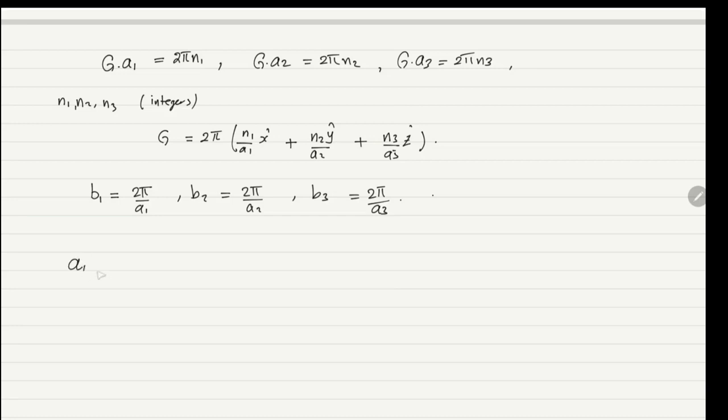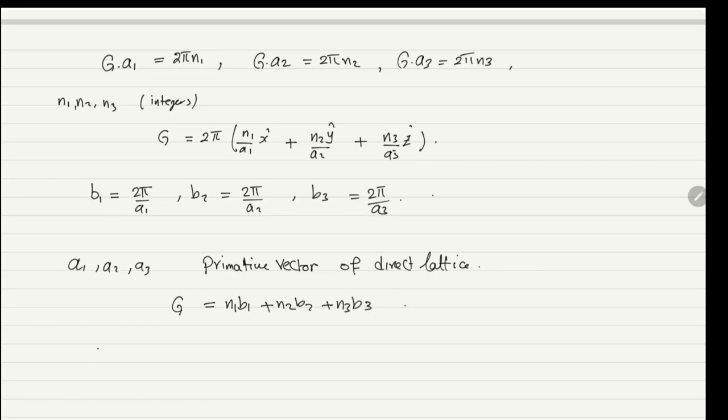So A1, A2, A3 are primitive vectors of the direct lattice, sometimes called real space, and G will be N1 B1 plus N2 B2 plus N3 B3, in such a way that B1, B2, B3 are primitive vectors in the reciprocal lattice.